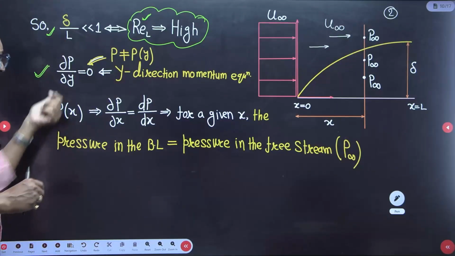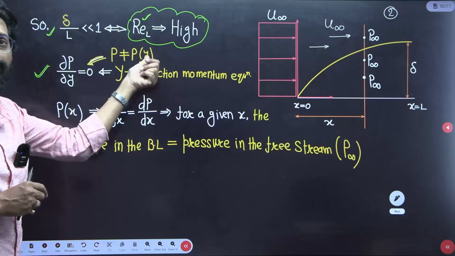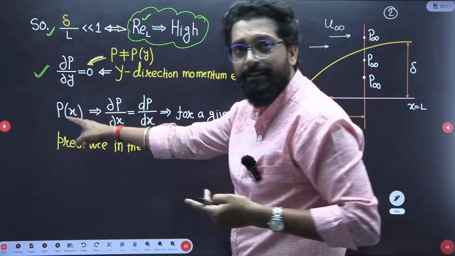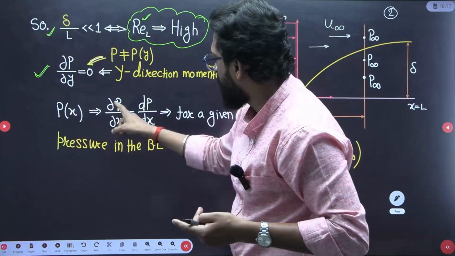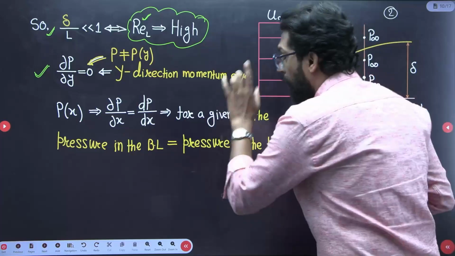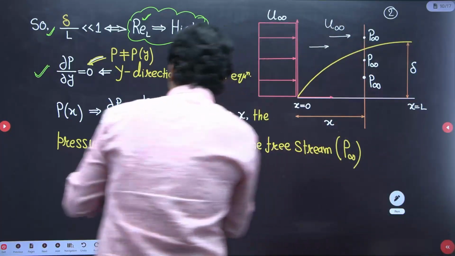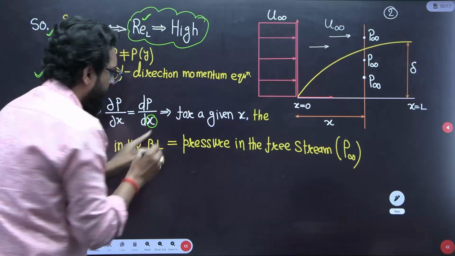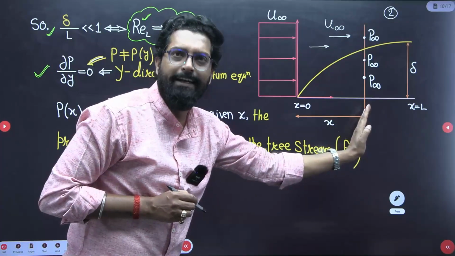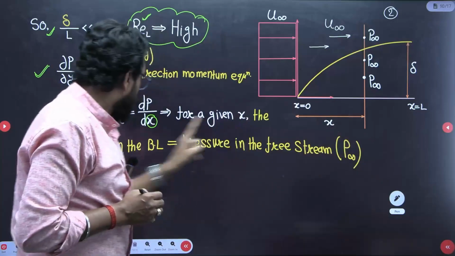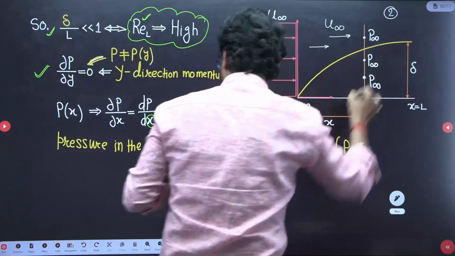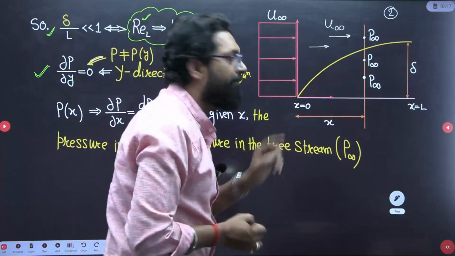That means pressure is not a function of Y, so pressure is a function of X. If the pressure is a function of X, then ∂P/∂X is equal to dP/dx. What does this say? It means that for a given X value, if you take any X distance from the leading edge of the plate, the pressure in the boundary layer is equal to the pressure in the free stream.